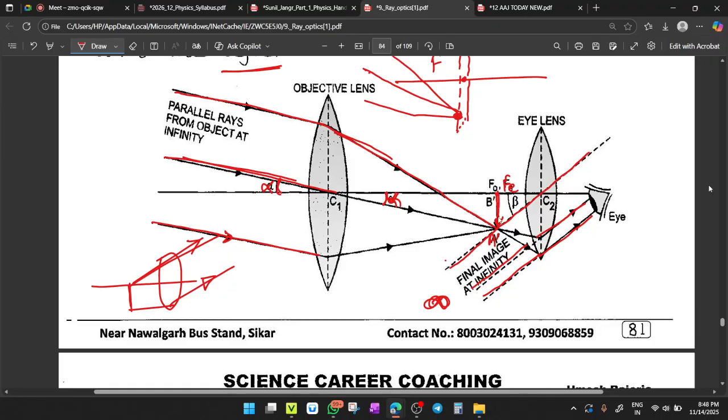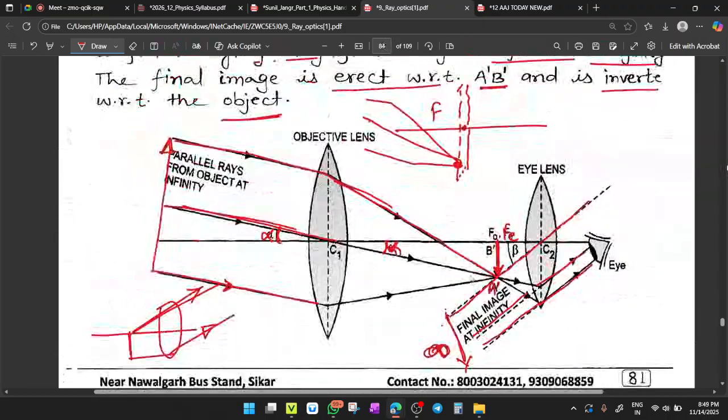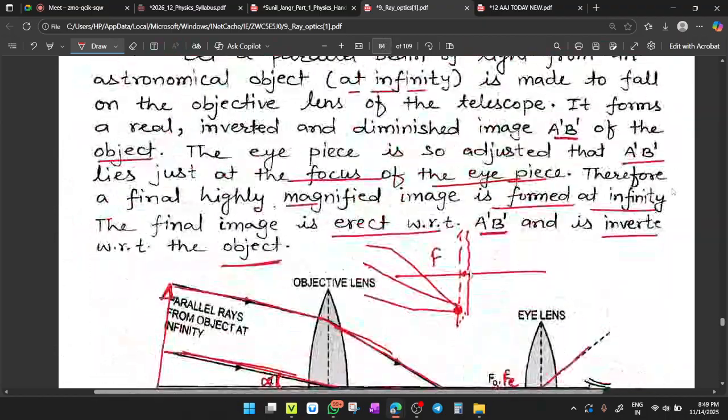With respect to A'B', your image will be erect, but with respect to your original object, your final image will be inverted. Why? Because A'B' is already the inverted image of the object, and the eyepiece magnifies that. So you will have the inverted image somewhere at infinity. This is called normal adjustment.